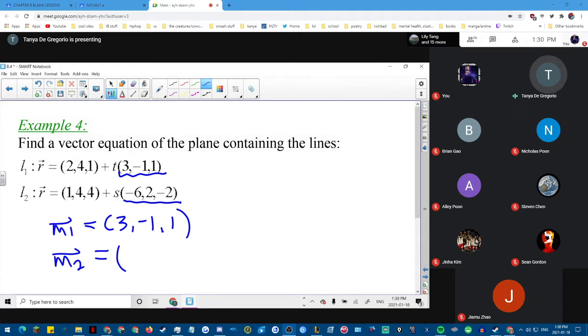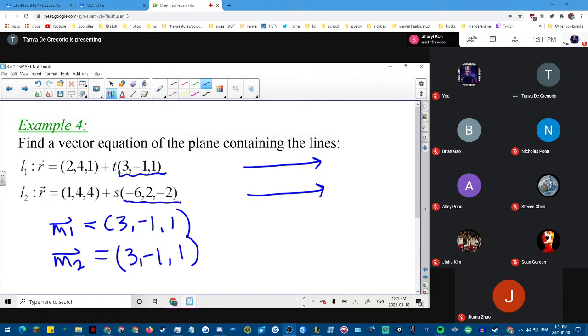If I simplify it, what do I get? -3, 1, -1. Do you agree if I divide by -2? Yeah. So essentially, do I have 2 direction vectors? I don't. What I'm seeing here is that these 2 lines are parallel.